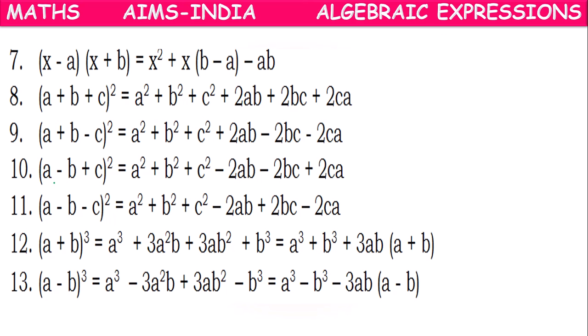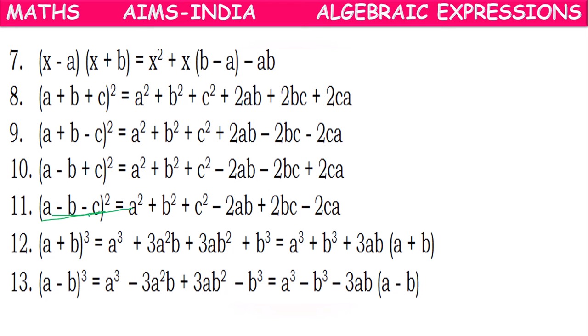Suppose if we have minus for second term, then first 3 terms, no change. The product of 1, 2, in that second term is there, it will become minus. The product of 2, 3, in that second term is involved, it will become minus. The product of 1, 3, no second term involved, it will be positive.